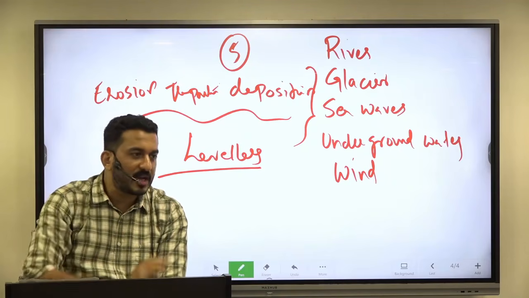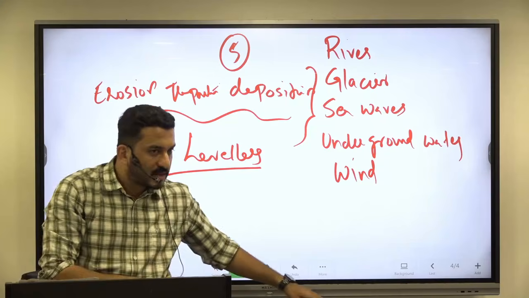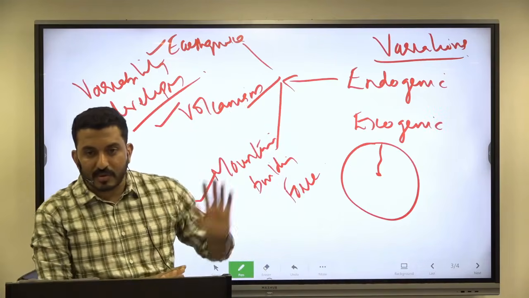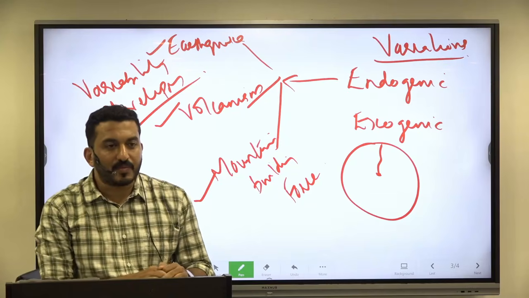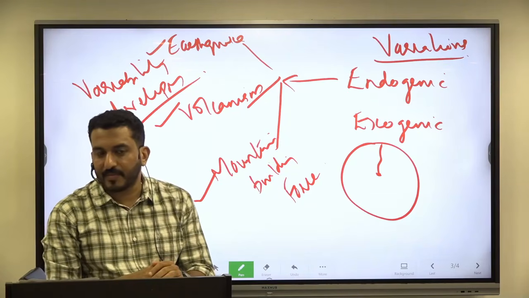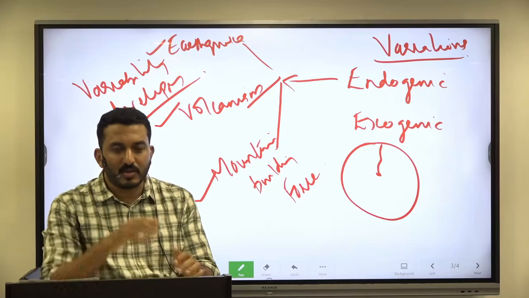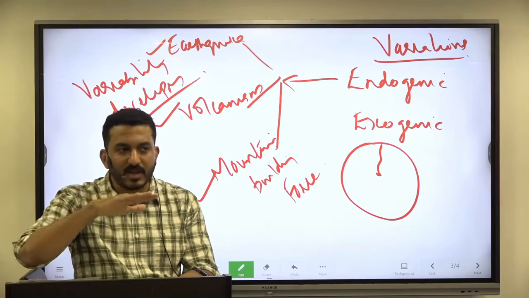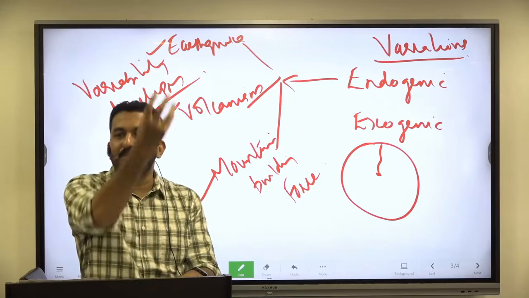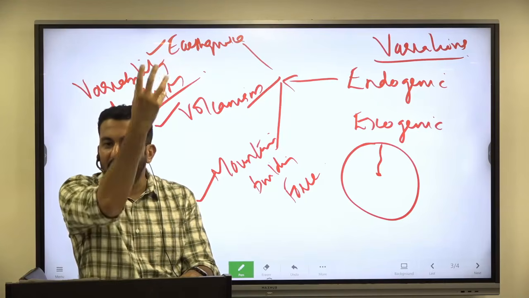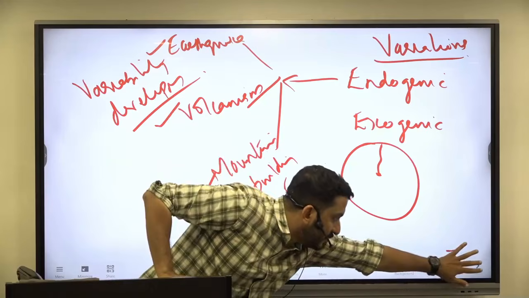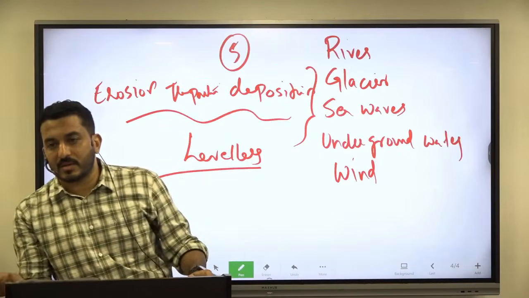In case of Himalayas, we have endogenic force: mountain building force. There was a plain surface. Mountain building forces acted. Upliftment happened. That is how Himalayas are formed. It takes millions of years, 70 million years.